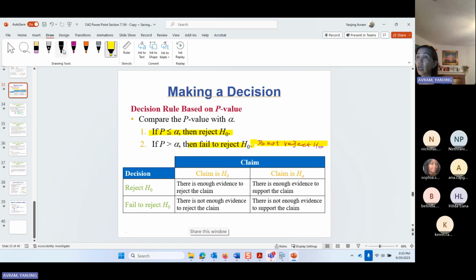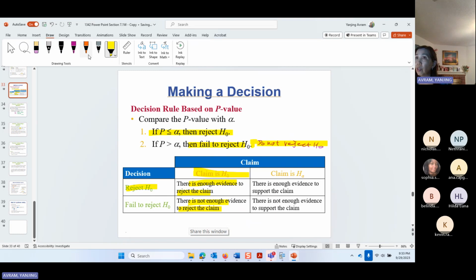That's why we have to identify where the claim is. The claim is the statement from the question. If your claim is in the null hypothesis and you reject the null, that means you have enough evidence to reject the claim. If you fail to reject the null, that means you don't have enough evidence to reject the claim.